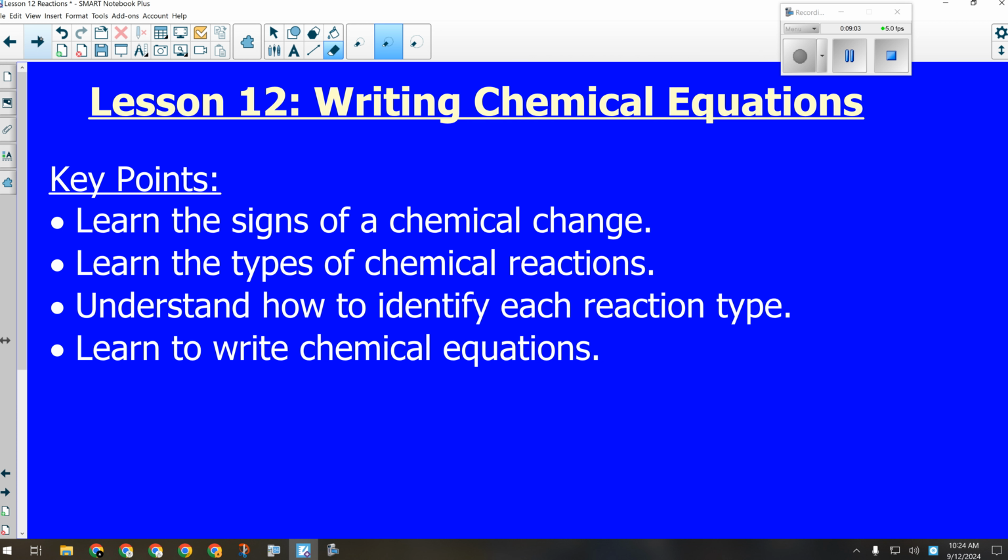Why do I see those signs? Why are those the signs of a chemical change? Exactly. A new substance is produced. Same elements, but new substance. Does that new substance have different physical properties than the old one? More than likely. We just did a lab that said every compound has different physical properties.